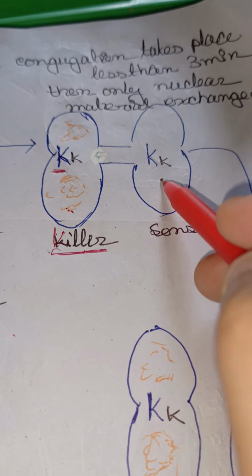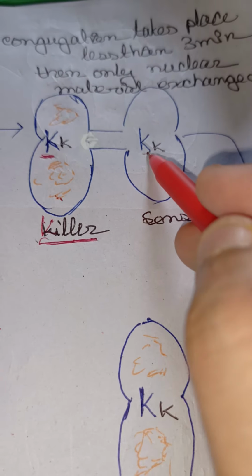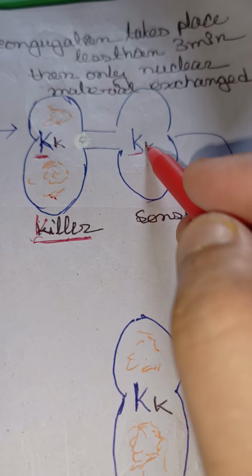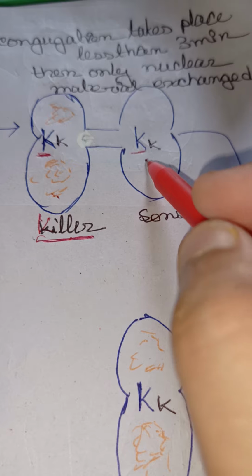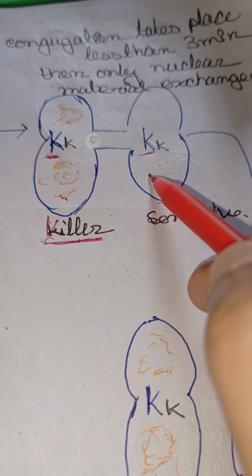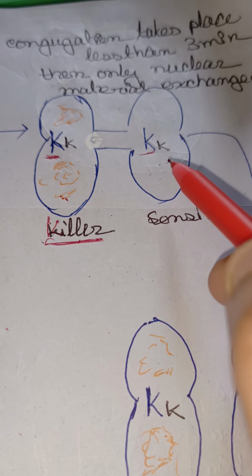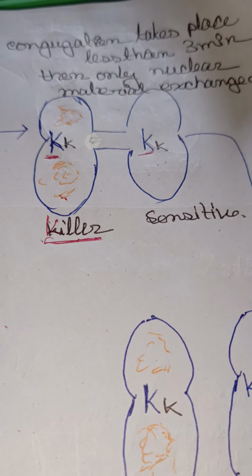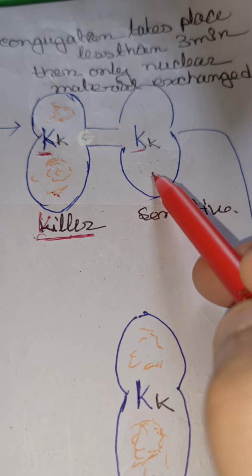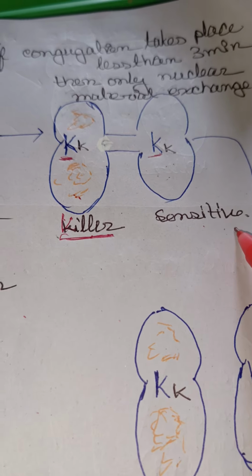But here you can tell me, ma'am, this also has the K gene present, so it should also show the killer strand. No, but why? Because in the cytoplasm there is no kappa particle. I told you, when kappa particle and K gene are both present, at that time it will show the killer strand. But here the K gene is present but there is no kappa particle, that's why it will be sensitive.